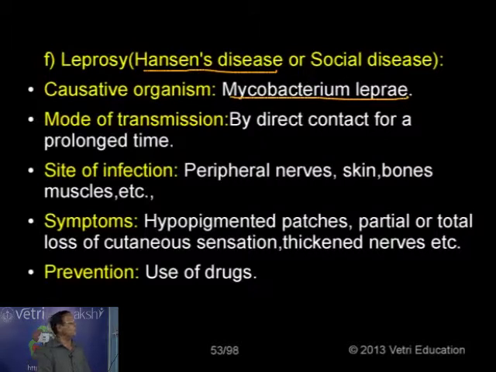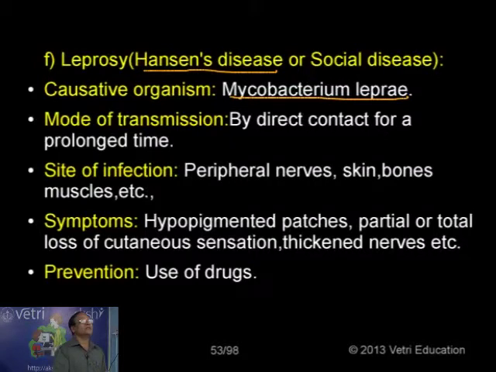Though we say there is no transmission of leprosy from one person to another by casual contact, a direct and prolonged contact with an infected person results in transmission of the disease.